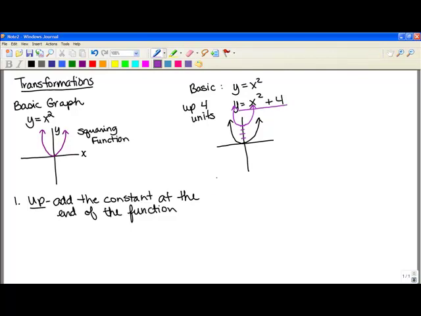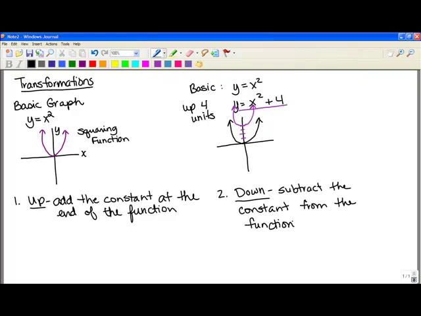Now the second type of move is moving a graph down. It's very similar to moving a graph up, except that we subtract the constant from the function. And this would be at the end.